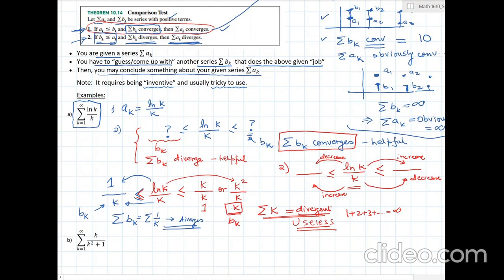So now what has happened is I have found bk which is less than ak, and the series bk diverges. Therefore I can claim that the series ak diverges. So since series bk diverges, by part 2 of that theorem, series ak diverges.